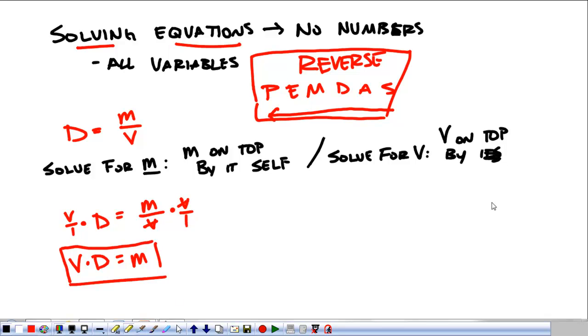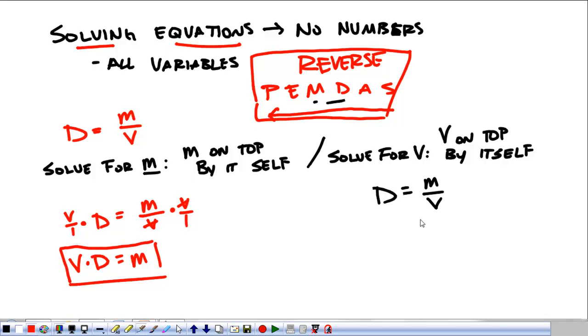Let's erase that. See how that worked? By itself. So, here's our formula again. Density equals mass over volume. Since this just has multiply and divide, that's all we're going to do with it. So, right now, V is on the bottom.